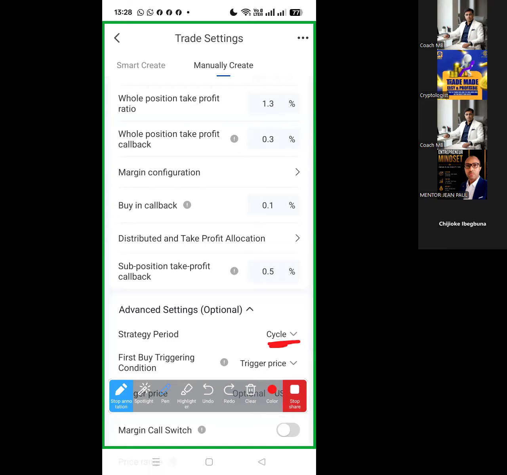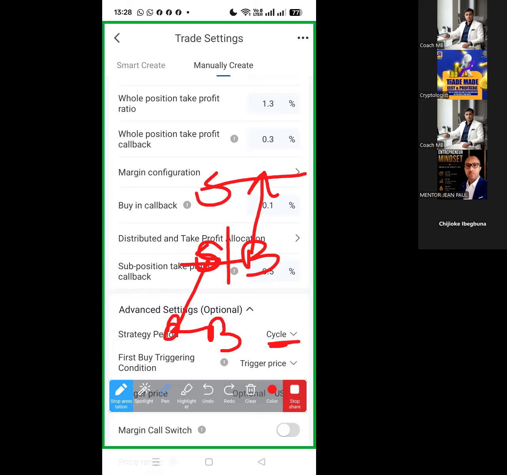And what cycle means is, if you want to buy here and you want the robot to sell here, it will sell for you here and again buy for you at the same time and the same price, and keep on trading for you. If it reaches the sell price, again it will buy for you, go up and sell for you, and again buy. So what happened then?